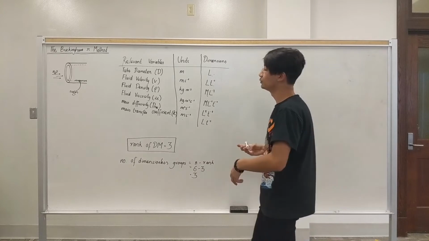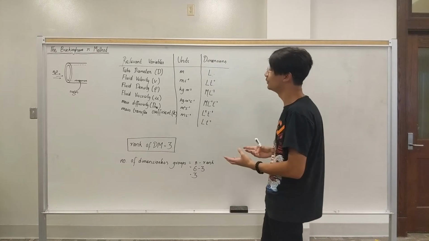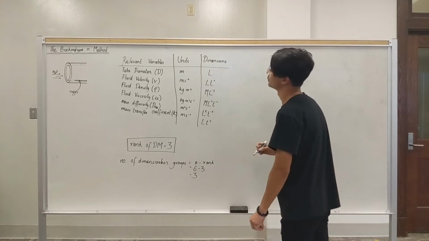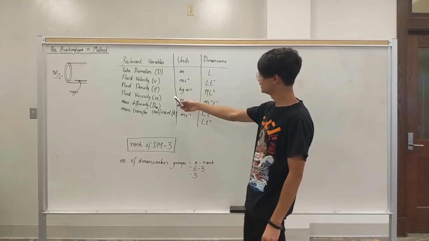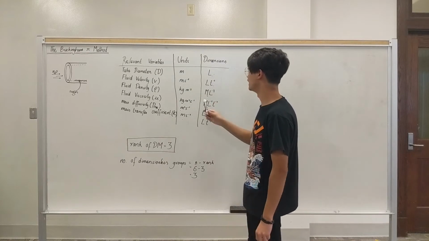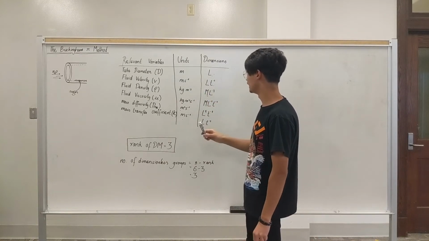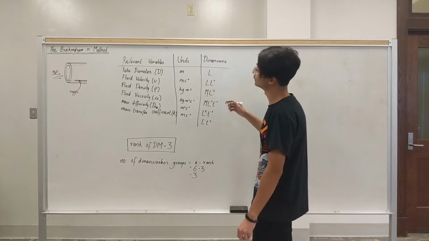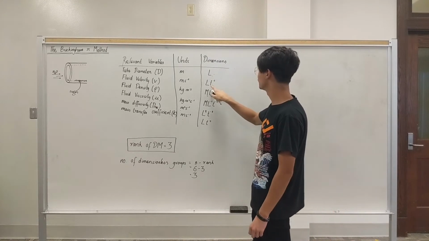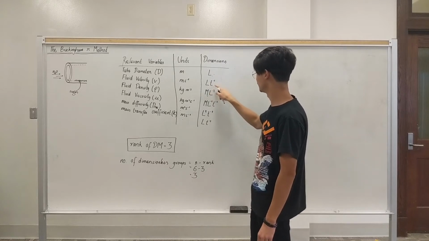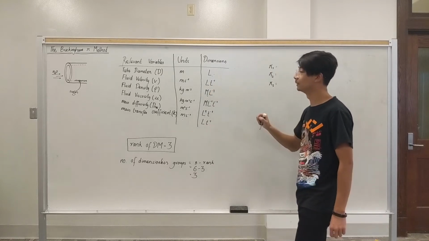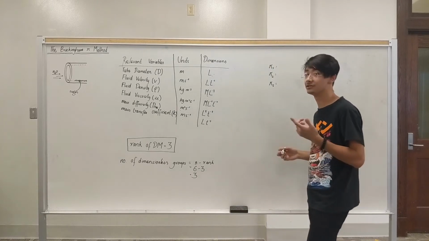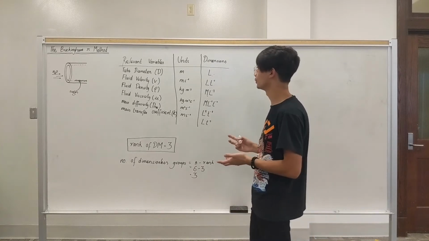We need to choose 3 different variables that in their union will have all of these 3 dimensions. For example, if I select diameter, fluid velocity, and mass transfer coefficient, that cannot be a core group because we have length, time, length, time, but in all three we don't have a single dimension of mass. So that cannot be used as a core group.